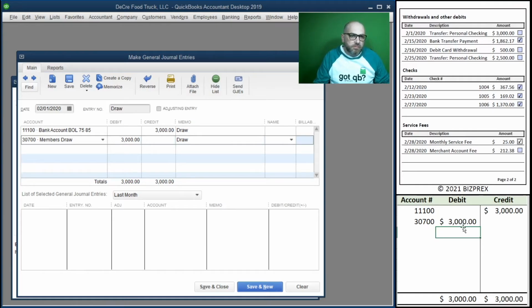So our equity, our ownership in the business has reduced by $3,000, which makes sense, right? Because we took $3,000 and we took it out of our bank account, and we use it for personal needs. It's no longer in the business, and therefore it reduces our equity in the business. So here we are. This is the transaction. Everything is actually depicted right here, and so we can go ahead and save in new.